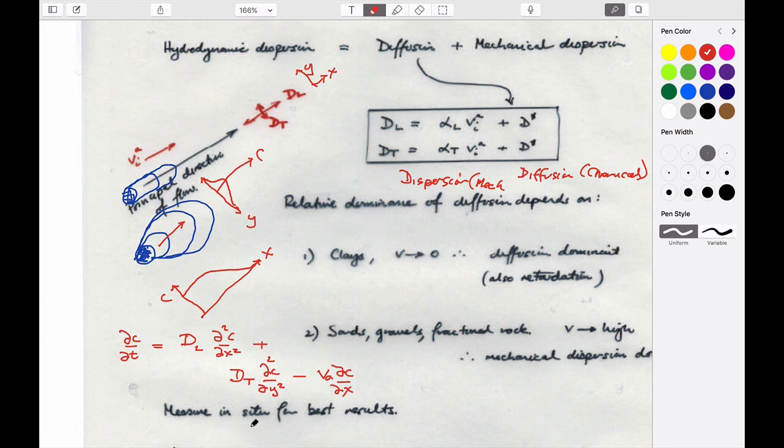Very similar to the parts we've looked at before, right? This is advection.